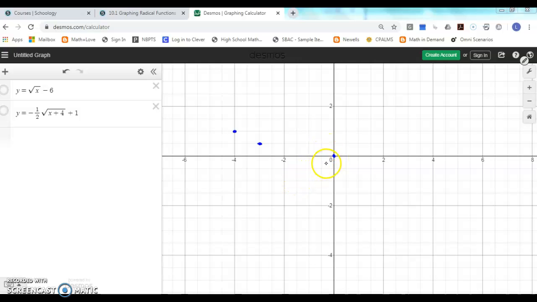Now you may be wondering, how do I know that the graph will go below the x-axis or above the x-axis? So let's try to find another value for x that we can plug in to our function. Remember, you want the radicand to be a perfect square, right?